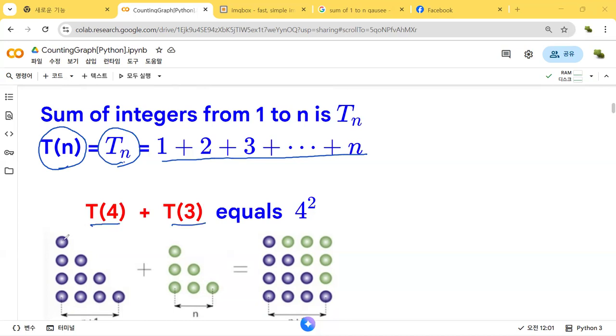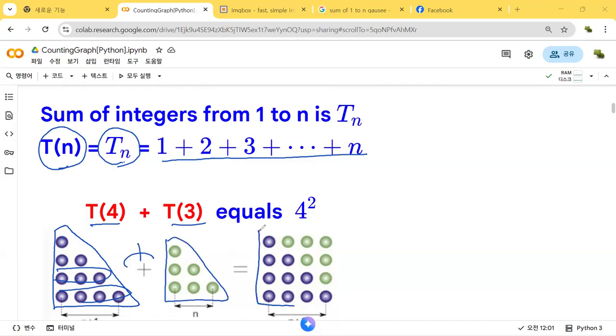And T4 is 1 plus 2 plus 3 plus 4. So T4 can be represented by this kind of triangular form. T3 is like this one. Then combining this one, you can combine in this way. So this is T3, this is T4. But if you count the number of balls, then this one is 4 squared.